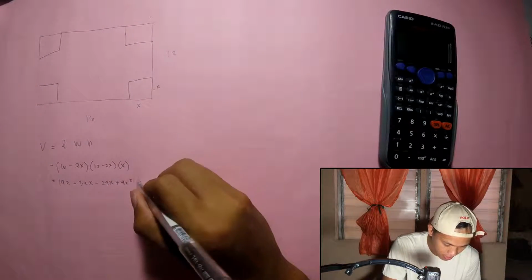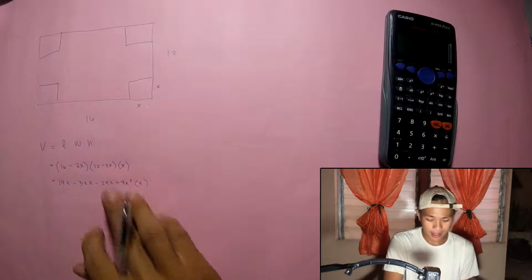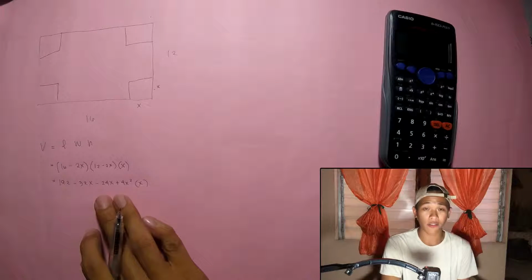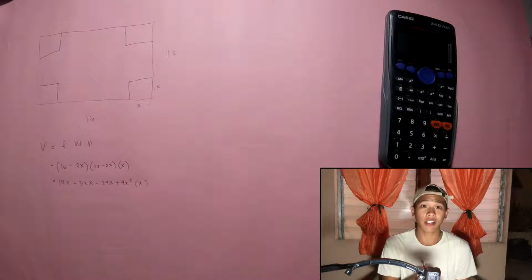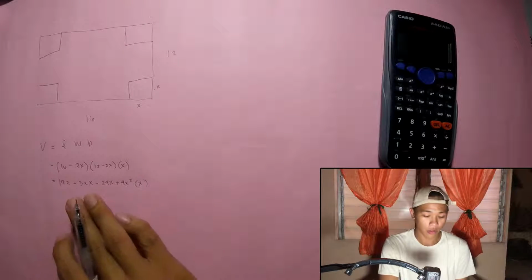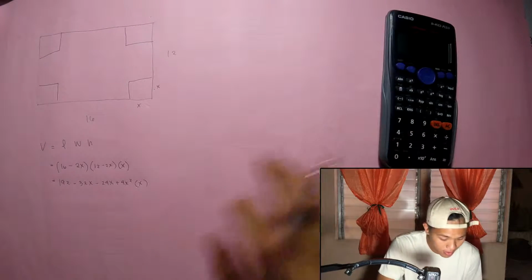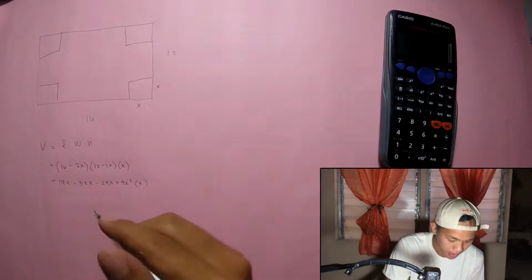Now we will distribute x to all of these terms, and since we have negative 32x and negative 24x, they have the same variable and their variables have the same exponents, we can combine them. So negative 32 plus negative 24 is equal to negative 56.